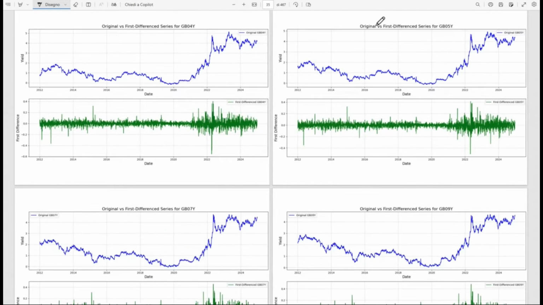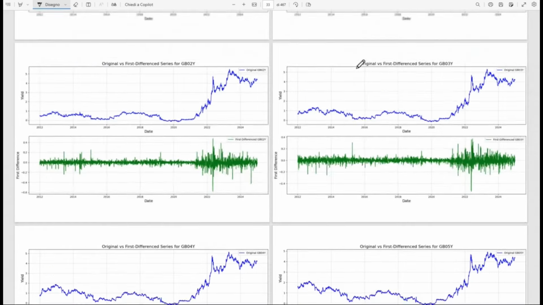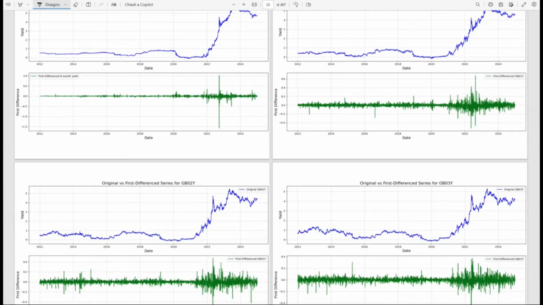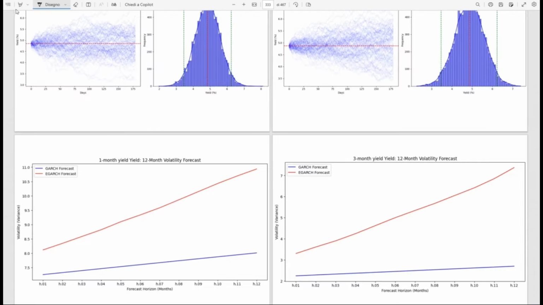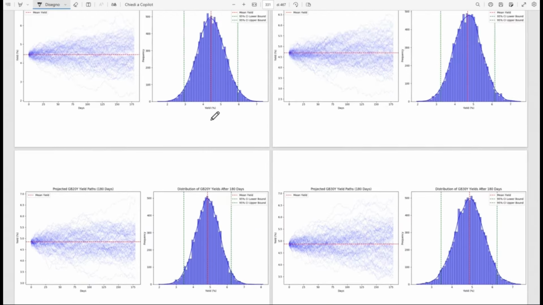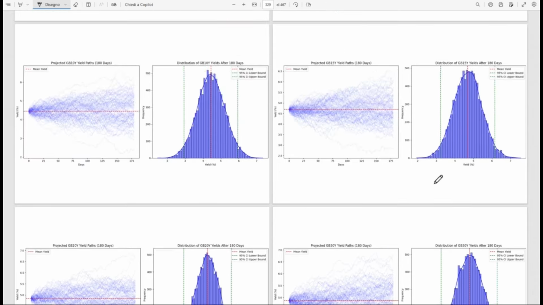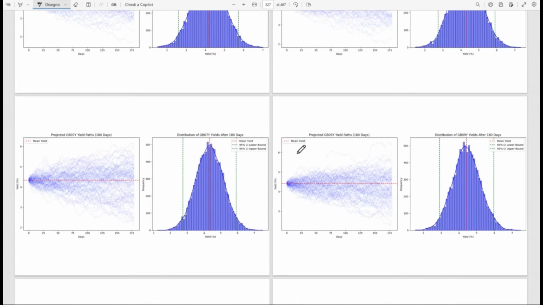Having gone through all the nerdy stuff, I hope you enjoyed the video, and I hope that there won't be so much volatility, but we have the risk that in the next 180 days the yield curve can see a lot of volatility.